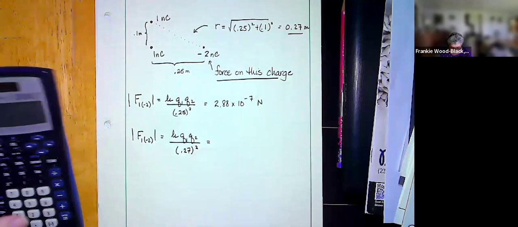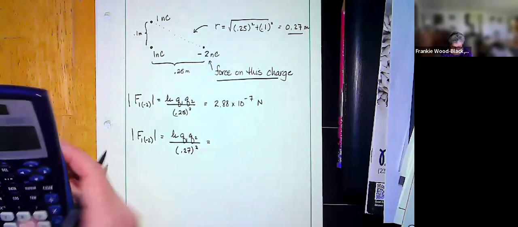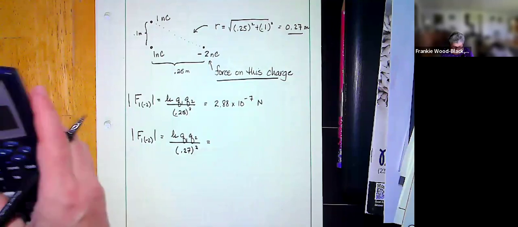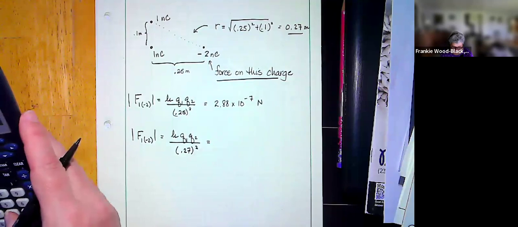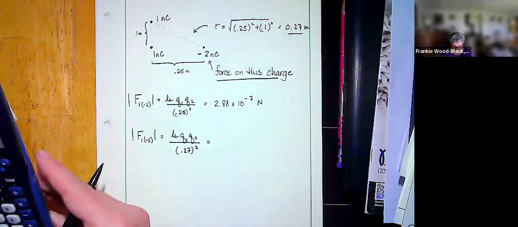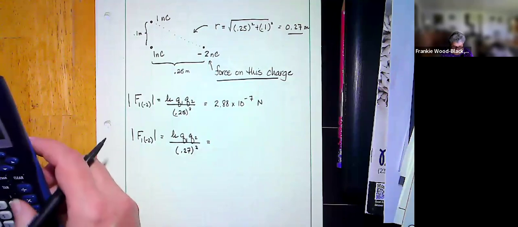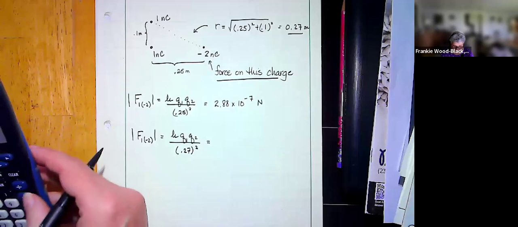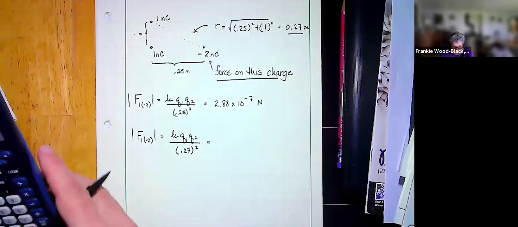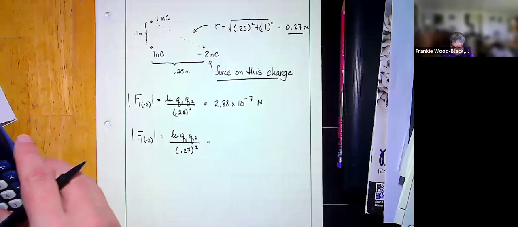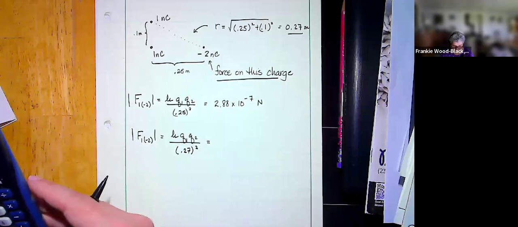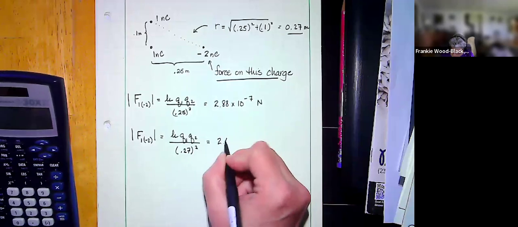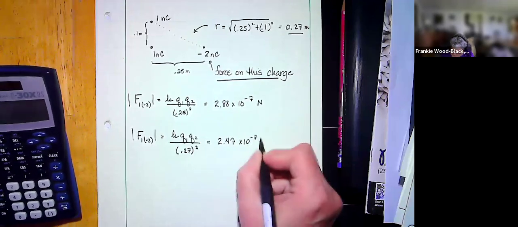So now I'm going to go ahead and plug that in and do that calculation. The answer I got was 2.47 times 10 to the -7 newtons.